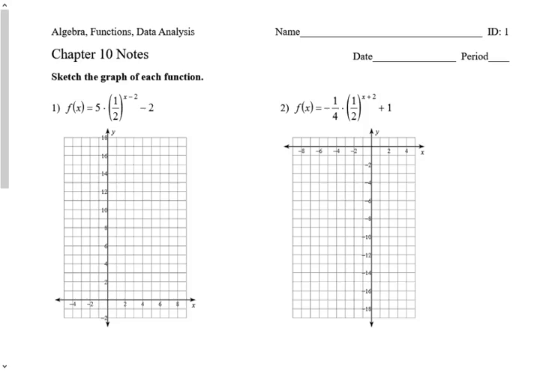So the first thing we want to realize is that an exponential function has its variable, x, in the exponent, hence the name exponential. So when I look at this, I'm going to just treat this with an XY table. So I'm going to make my XY table, and we'll plug in some values and solve.